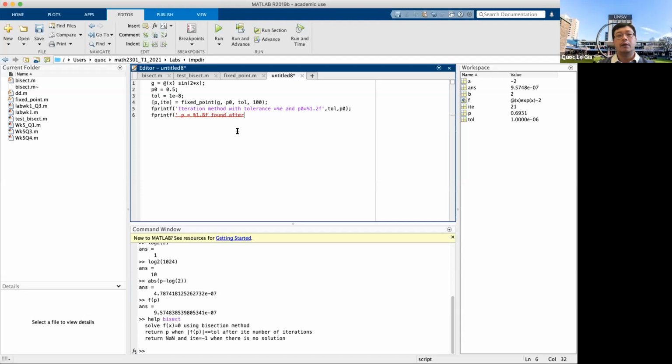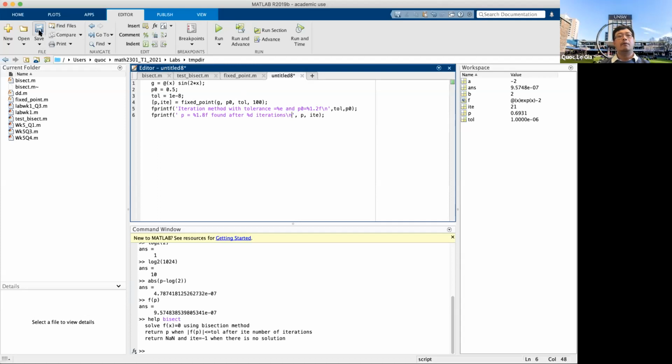Found after that many iteration. Okay, so then you put in P here and number of iteration here. So we got a new line here, a new line here. Okay, so see whether we can run this.